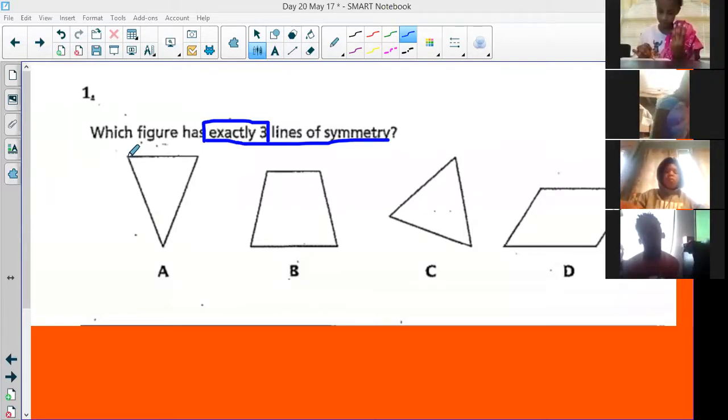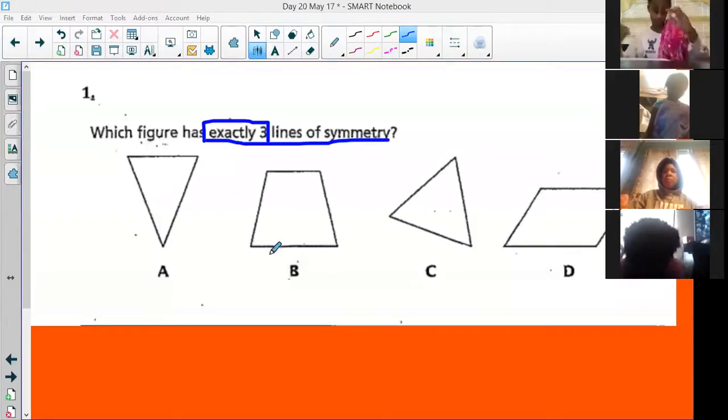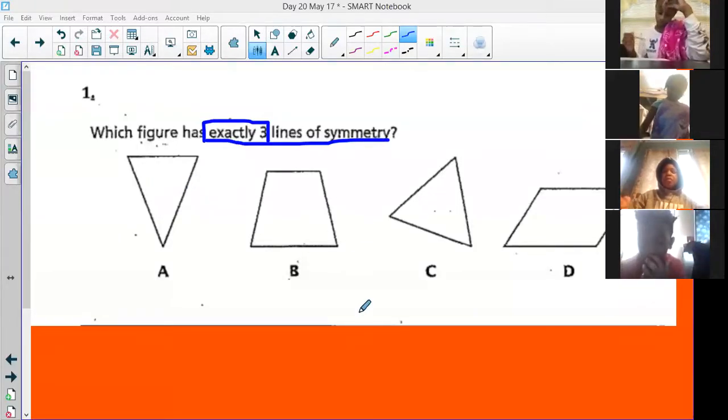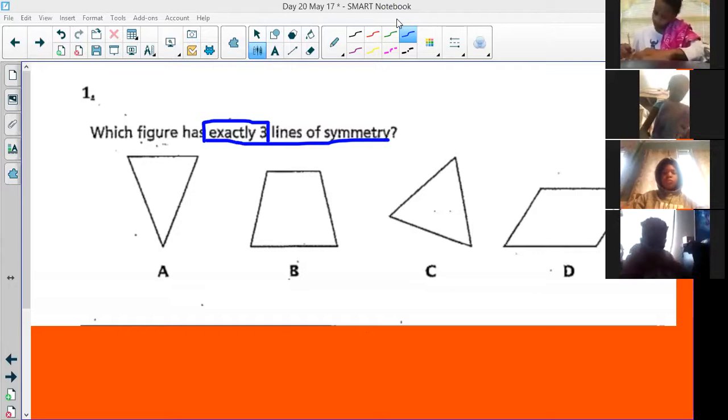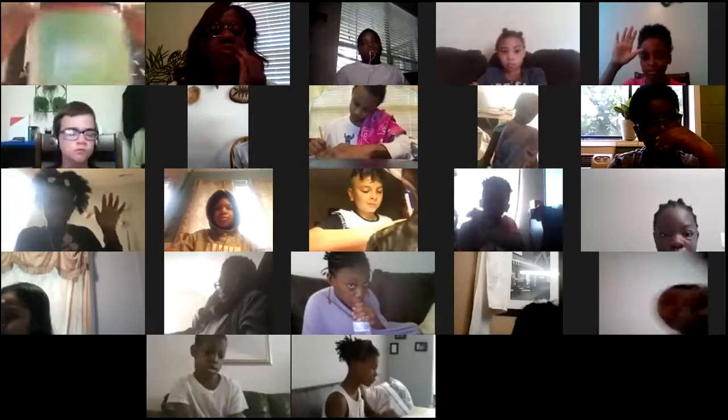So everybody take this first figure and notice that it is, let me see, what type of triangle is this? Who can tell me what type of triangle is number 1? Let me stop sharing so I can see y'all. What type of triangle is number 1?